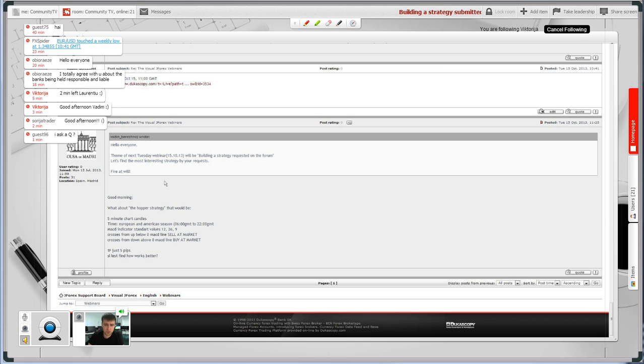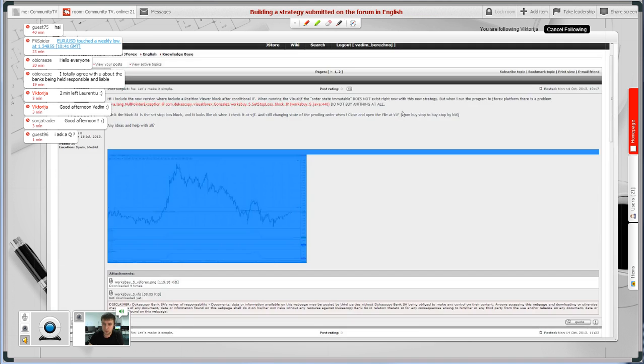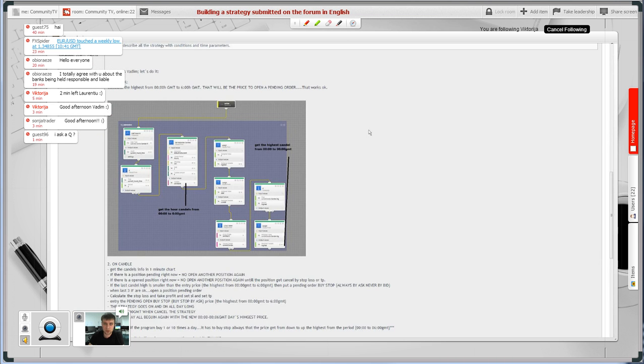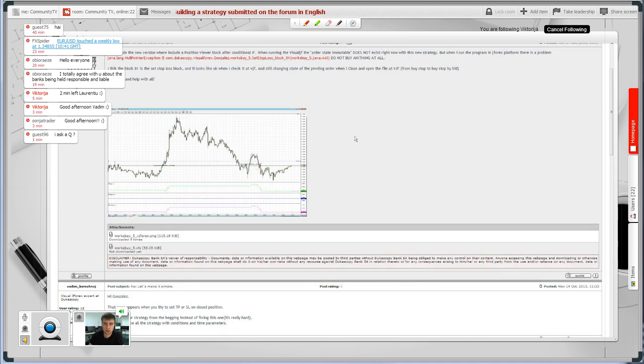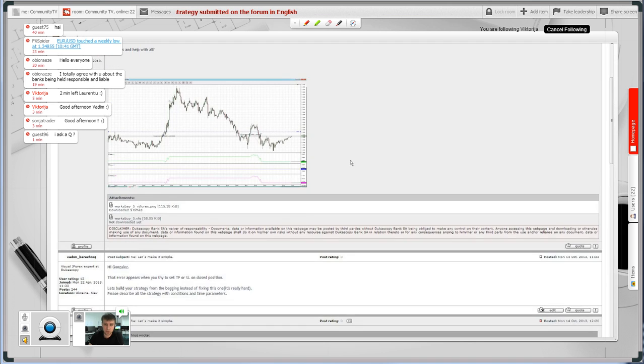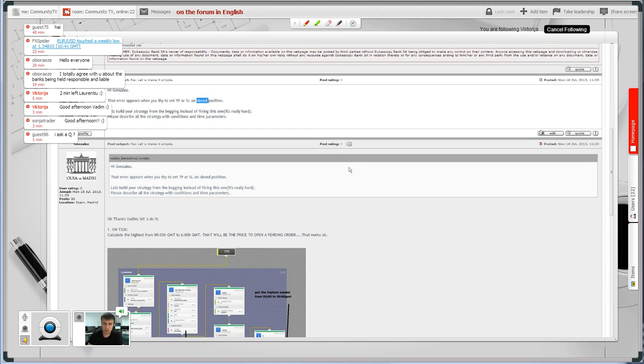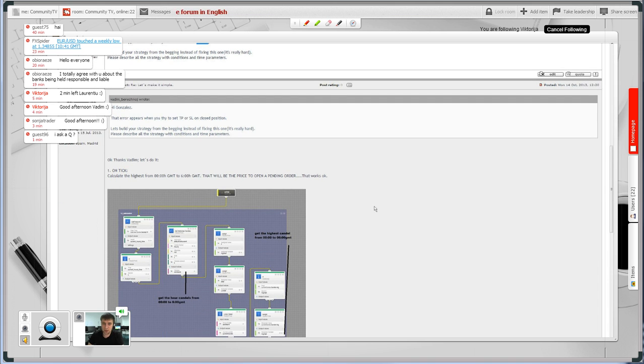I'll go back to the initial strategy of Mr. Gonzalez because it was a little bit similar to that one, and a little bit simpler. It was described here. There was an example of an already developed strategy, and I was going to rebuild it. What does the strategy actually do?